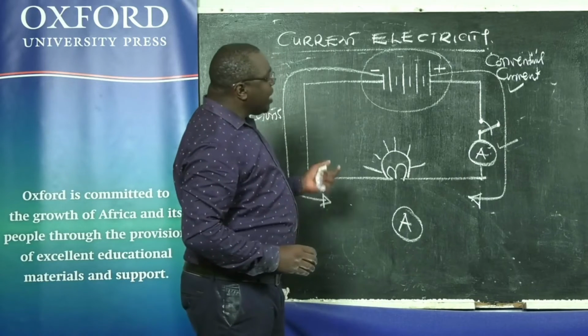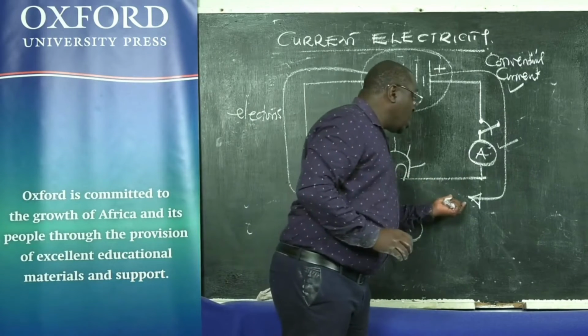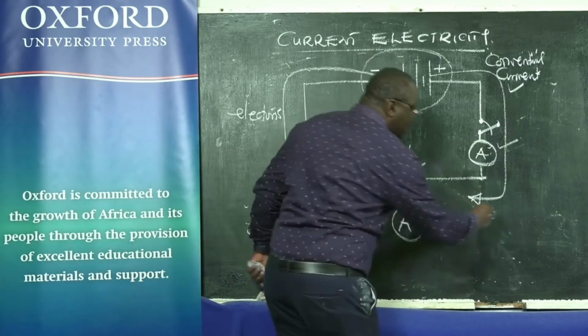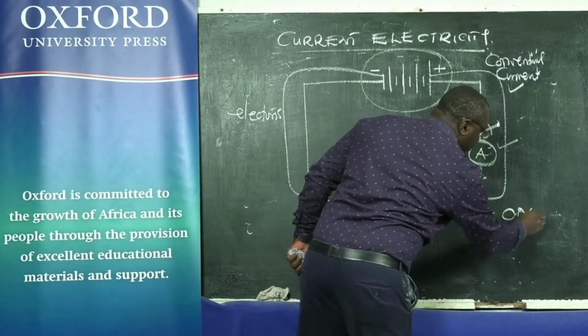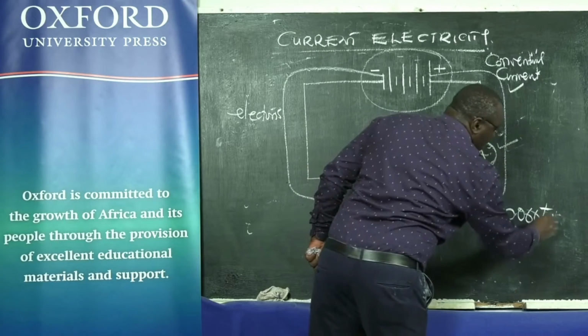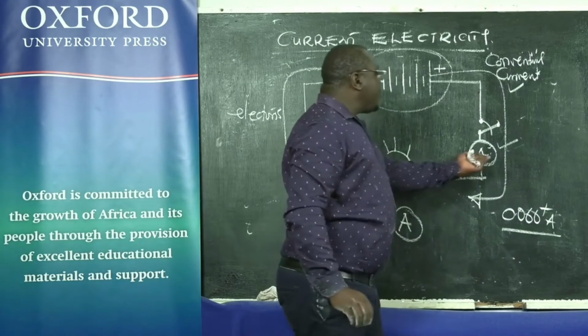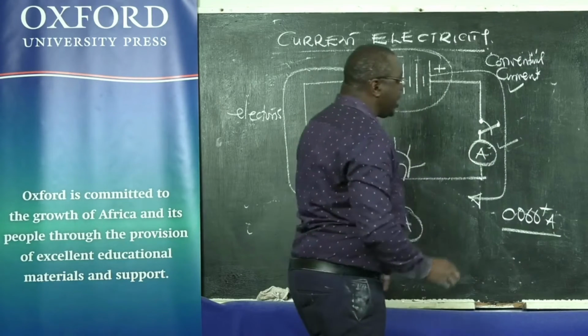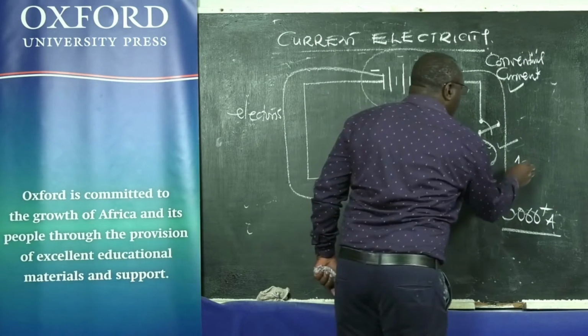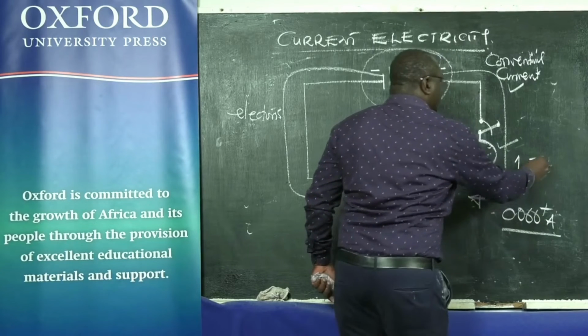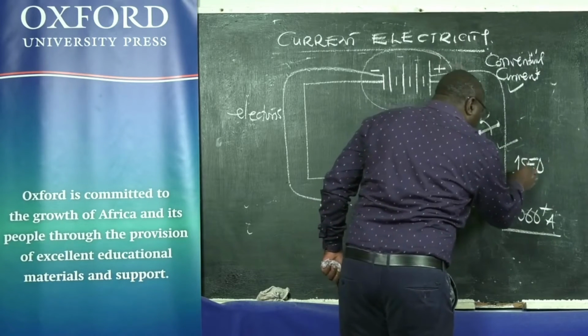So you find that if we are dealing with smaller values of current, like the one we had earlier on, which was 0.066 amps, the type of ammeter you need there is called a 1 FSD ammeter, full scale deflection.